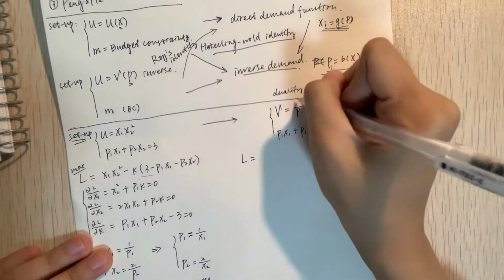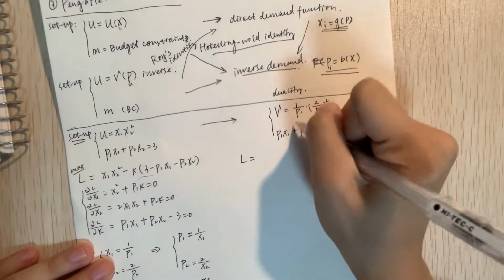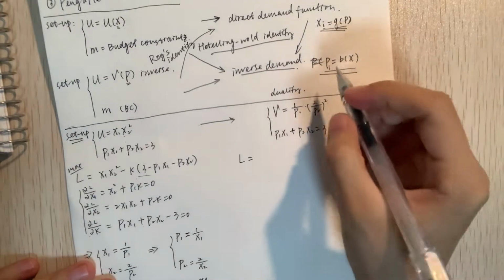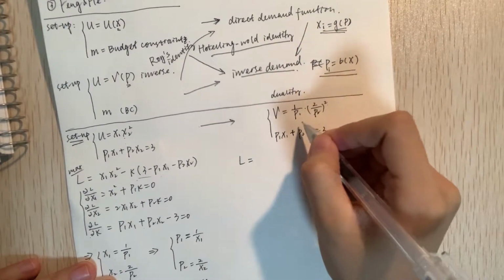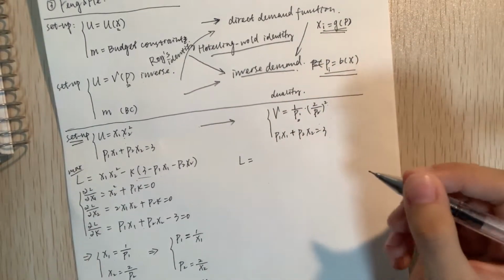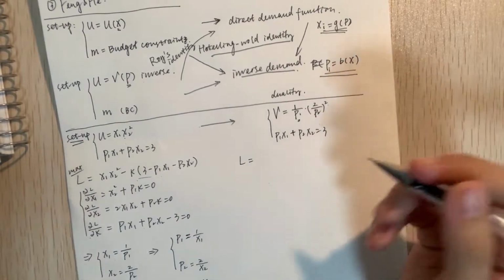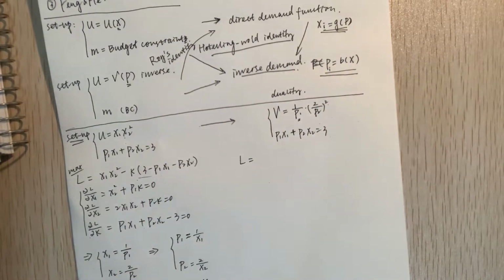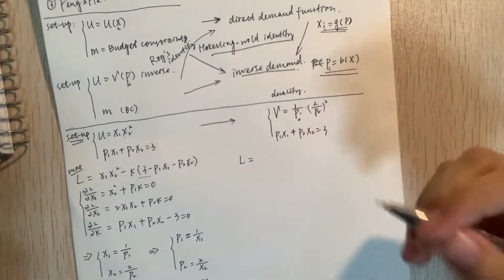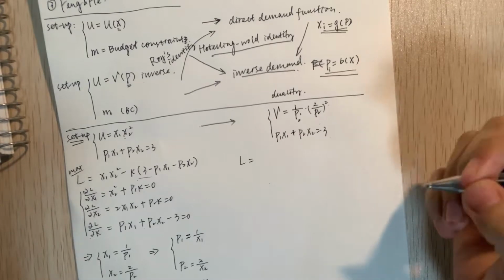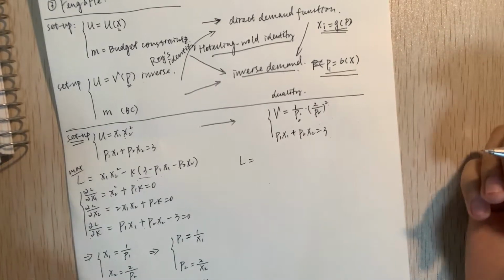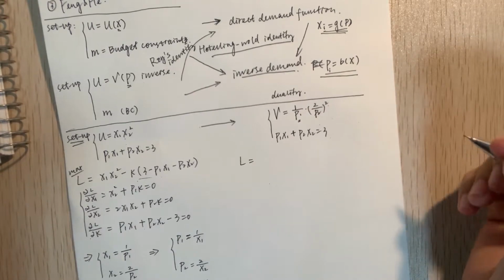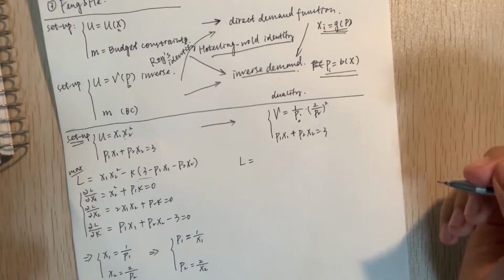But note that the interpretation is slightly different here, because now the base of the function is the price, and intuitively in such a market the quantities are given, in other words, exogenous. So the way to maximize utility is actually to obtain the minimal prices.